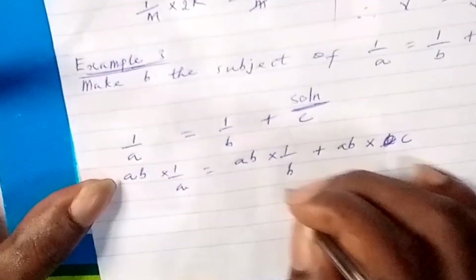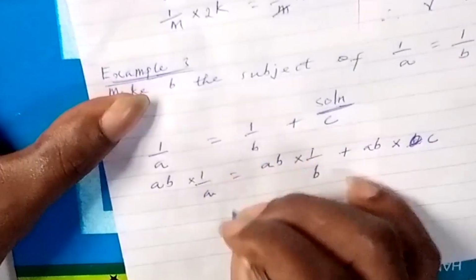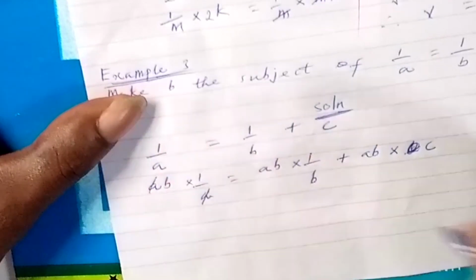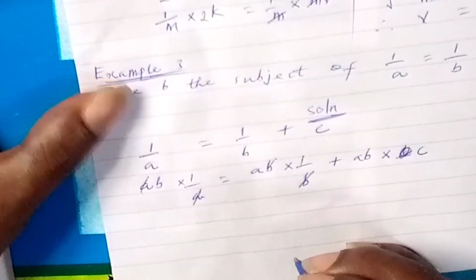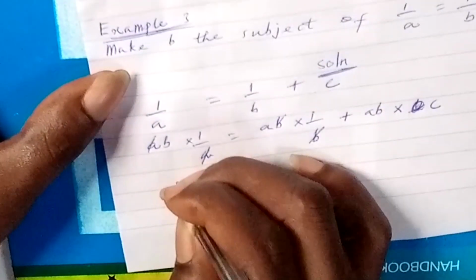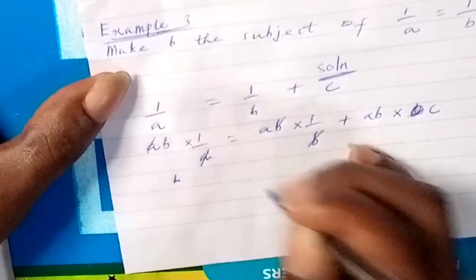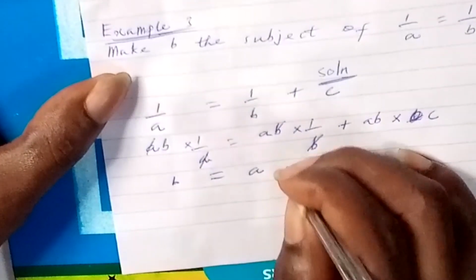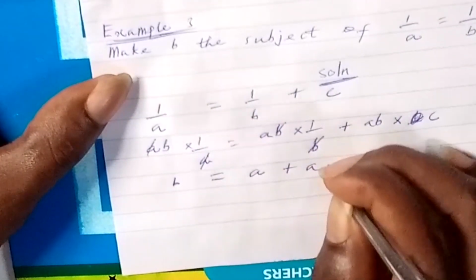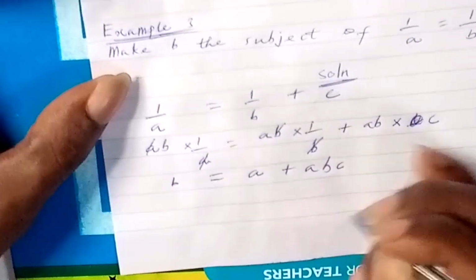Sorry for that. So at this juncture, a will cancel this a here and b will cancel this b here. So we continue by saying b is equal to a plus abc.